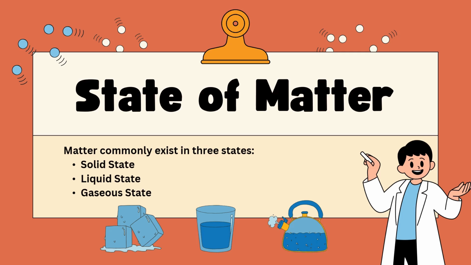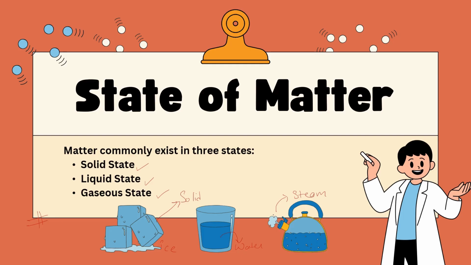State of matter. Matter commonly exists in three states: solid state, liquid state, and gaseous state. You can see below there are three pictures: ice, water, and here is steam. Ice, it is solid.